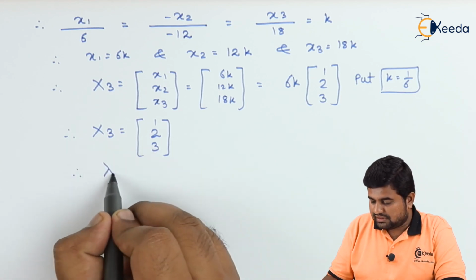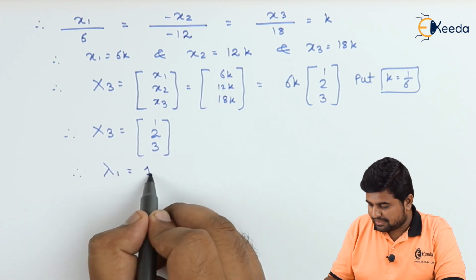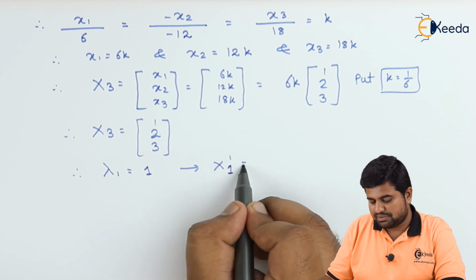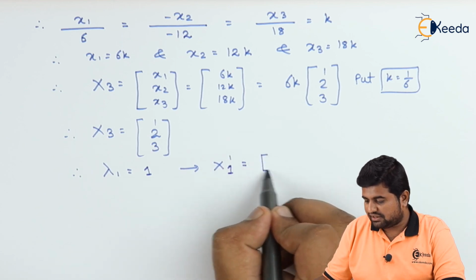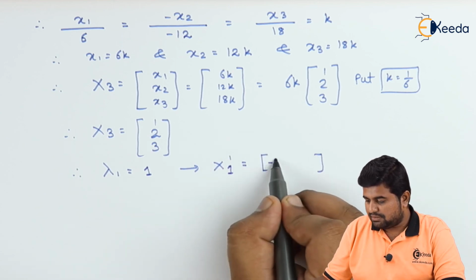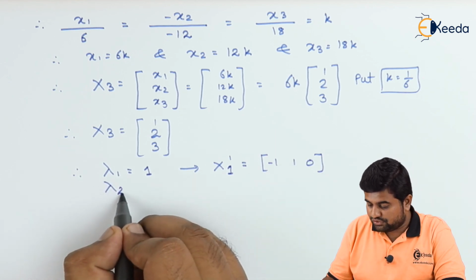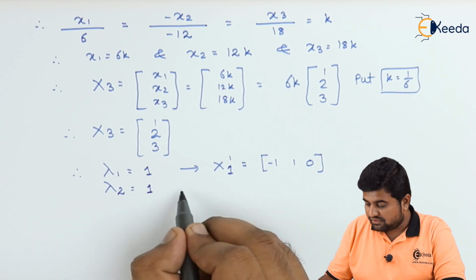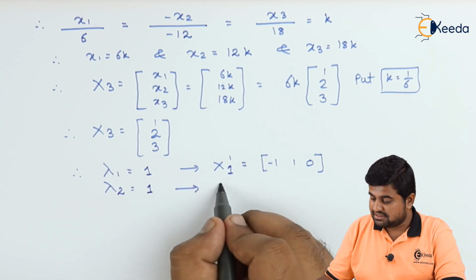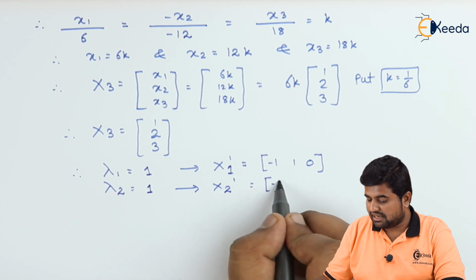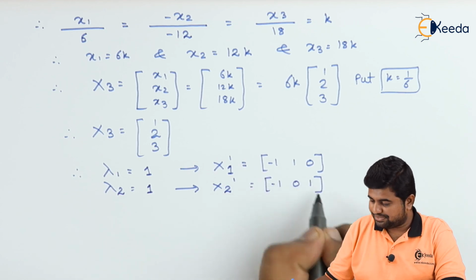Therefore, for lambda is equal to 1, we have got x1 dash, this particular eigenvector, which is minus 1, 1 and 0. For the second eigenvalue, which is also 1, because it has been repeated twice, I'm writing x2 dash, which is minus 1, 0, 1.